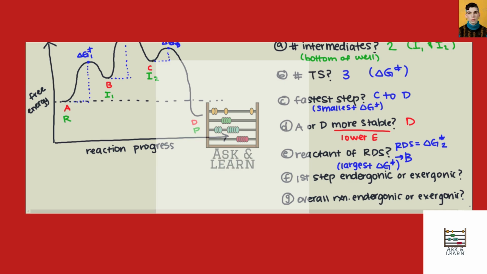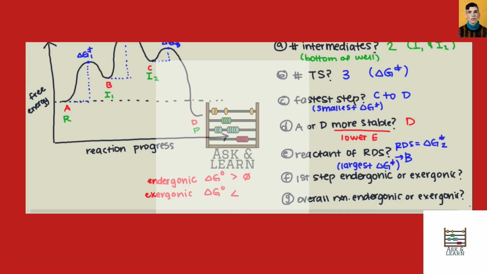Okay. And then lastly, you want to look at overall energies. So your first step, you want to know if it's going to be endergonic or exergonic. So remember that endergonic versus exergonic, you're talking about delta G. If something's endergonic, delta G is going to be greater than 0.